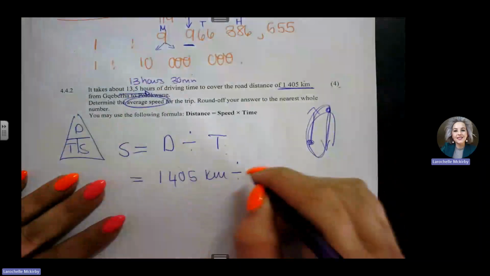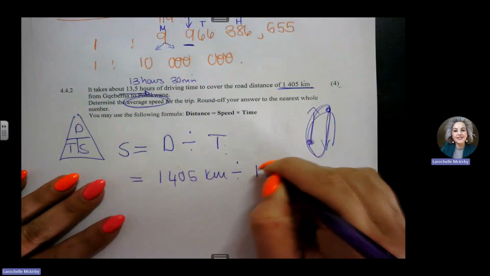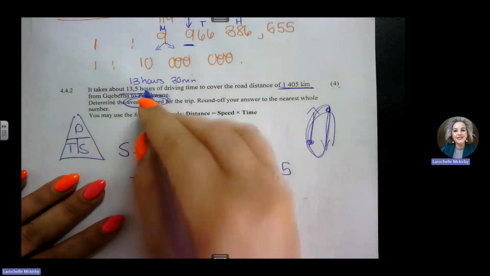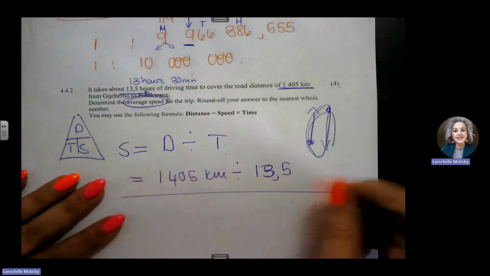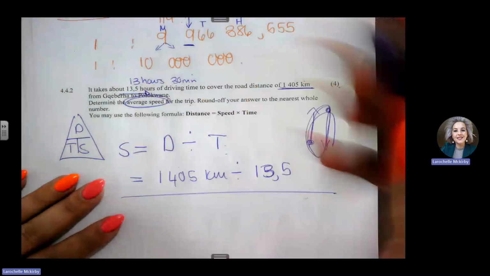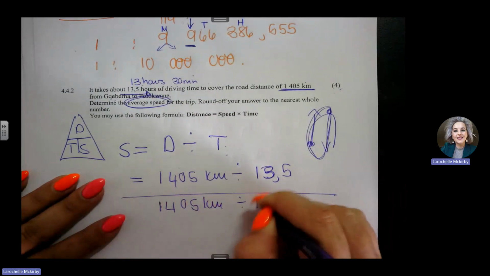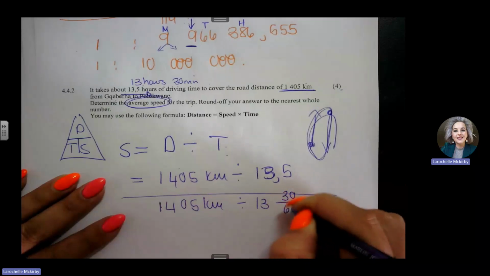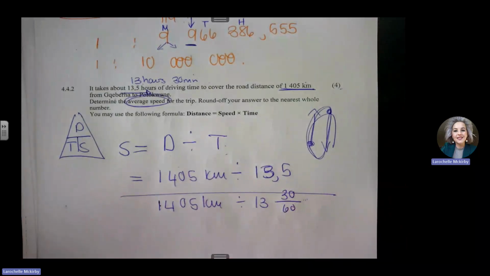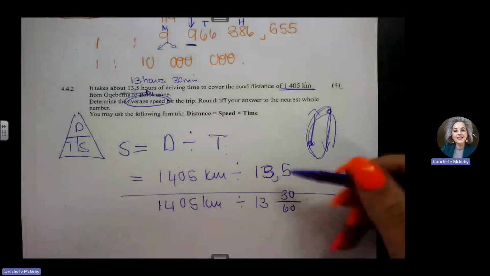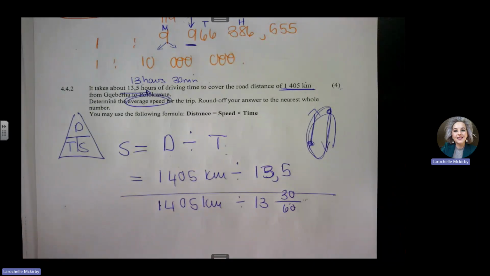So for this, I know you can put in 13.5 because it's given to you here. But what if it was given as 13 hours and 30 minutes? Then I would have put it in like this, 13 hours and 30 minutes, because I'll always put my minutes over 60. But again, go and have a look at this.